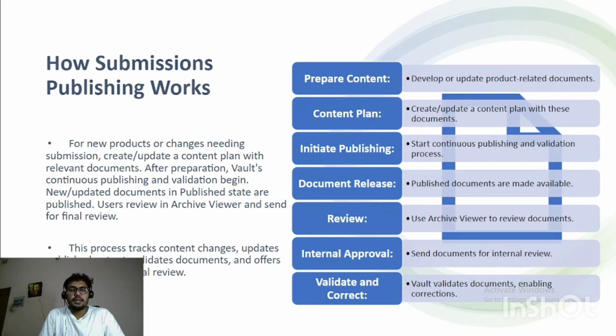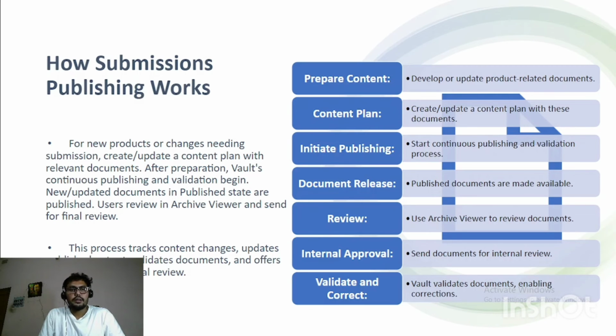This is the step-by-step process. It depends on the configuration and the business requirement, but mostly the business case will be similar. So this is the process we follow when users work with submission publishing, right?